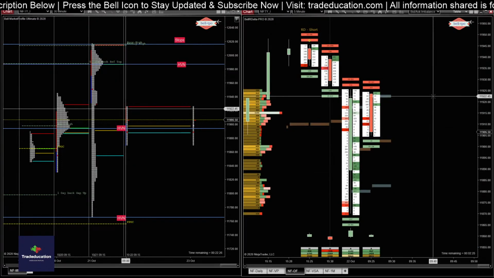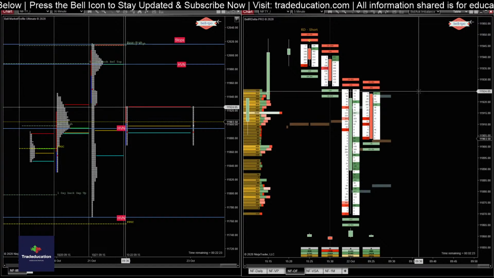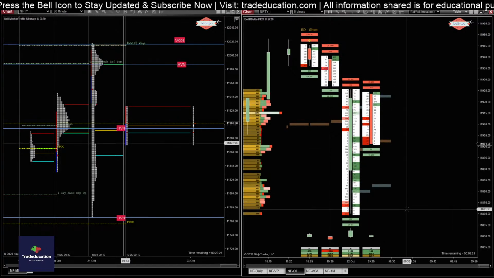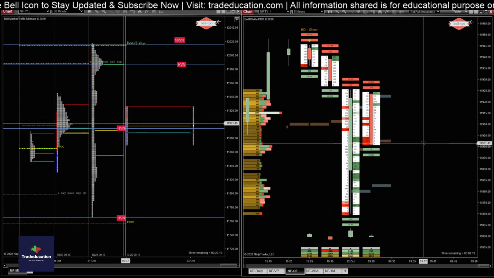And now sellers are stepping in. The high is weaker, low is weaker, auction is tagging the VWAP.